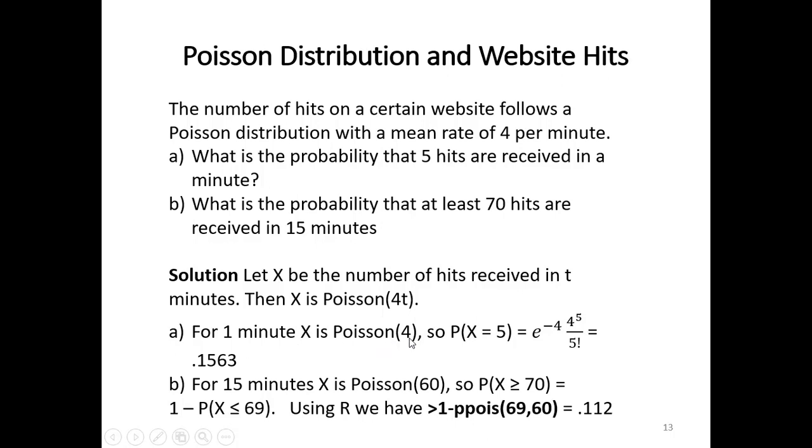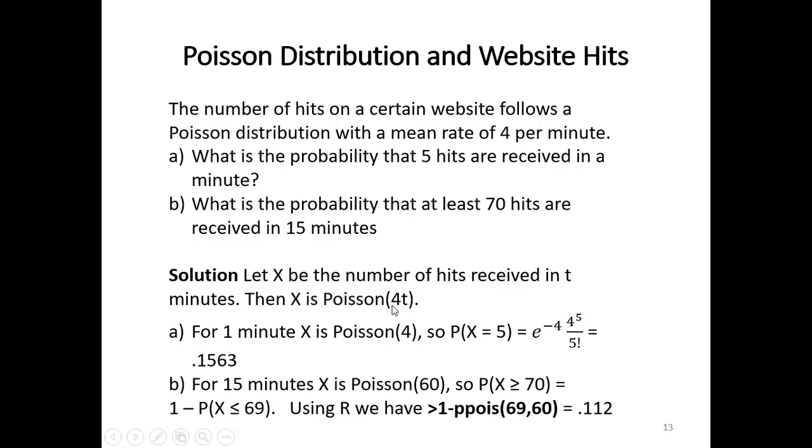So for 1 minute, we could figure out the probability that X is 5: e to the minus 4 times 4 to the 5th over 5 factorial. Simplify this, get 0.1563. If I wanted to calculate the probability of at least 70 hits in 15 minutes, well, I need to think of what my lambda is.